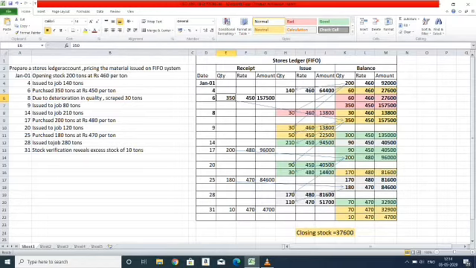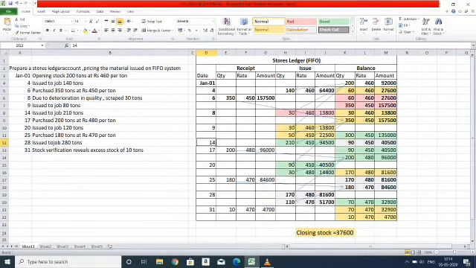Now on this date, January 9, our closing balance is 300 tons at the rate of 450 amounting to 1,35,000. Now we have balance 300 from our second lot, this 350; our first lot 200 is fully issued till this time.